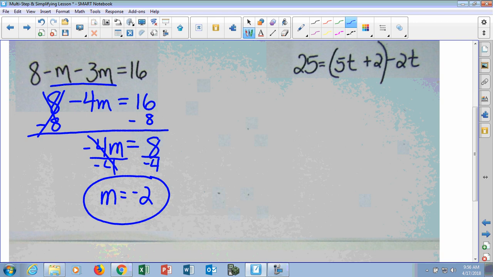Perfect. Okay, he had to combine like terms first, and then it was just undoing either addition and subtraction or multiplication and division, right? All right. What about the last one? Anyone want to give it a shot?